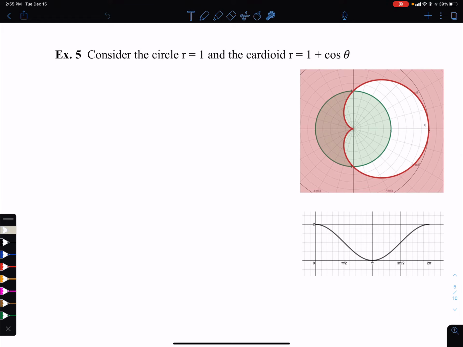We want the area of the region that's inside the circle and outside the cardioid.